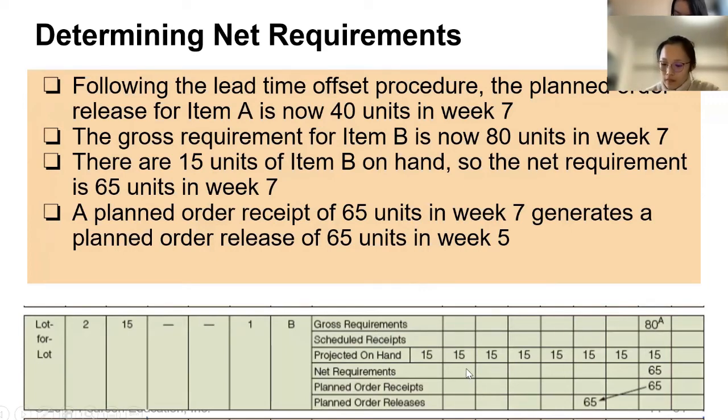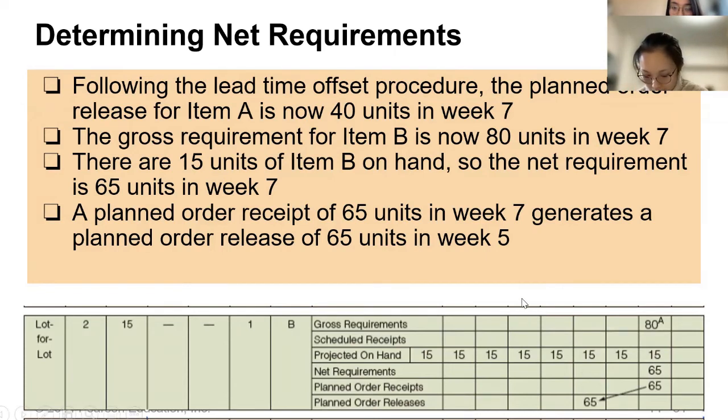So it is actually deducting from the gross requirement what we already have on stock. Gross requirement minus what we have on stock. But of course, the gross requirement for the parent, because it has been reduced, is not the same as the gross requirement when nothing is in stock.